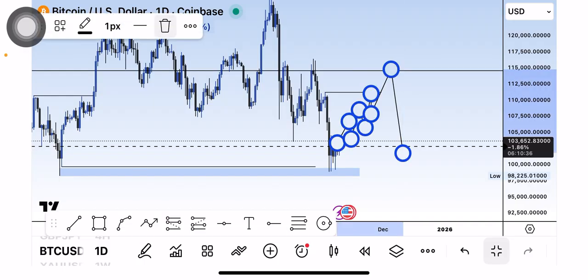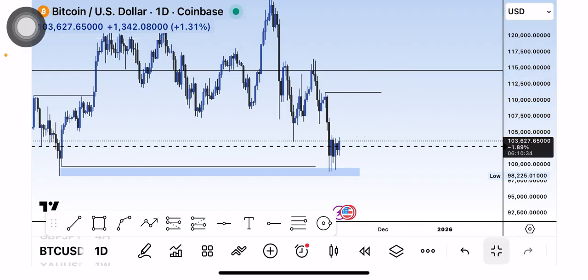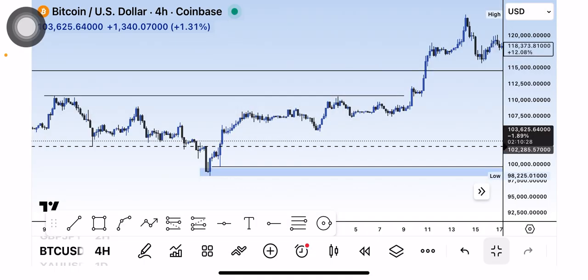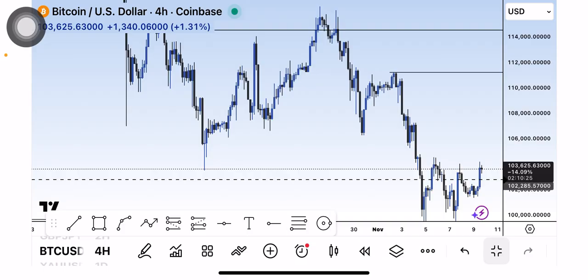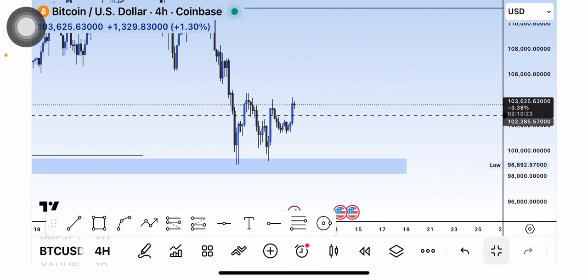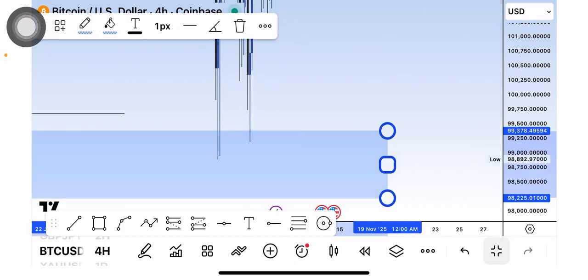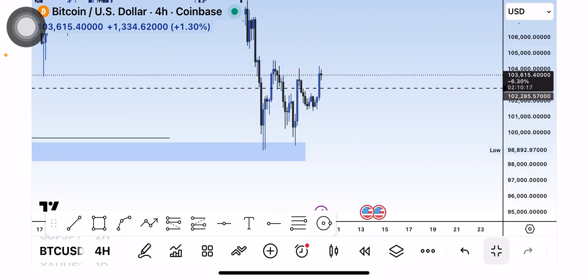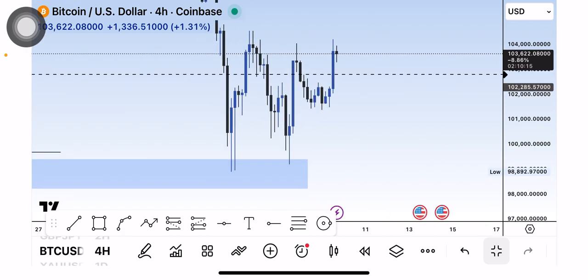So since we are expecting market to buy from here to this zone, what we are going to do is go down to lower time frame and look for buy opportunity. Daily and 4 hours are not giving us a clear view to enter.